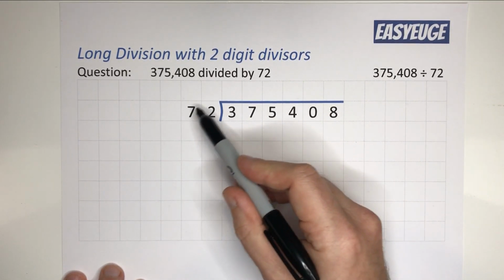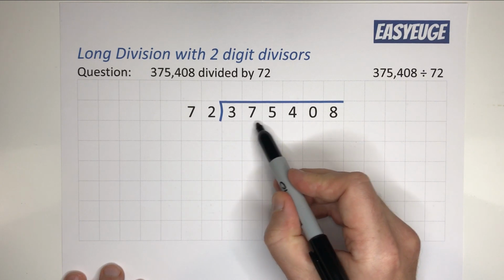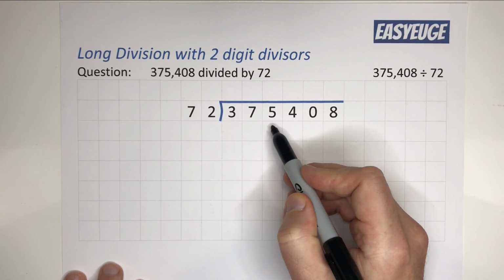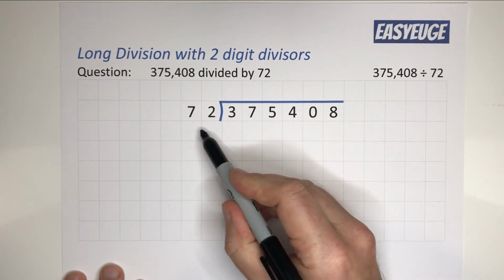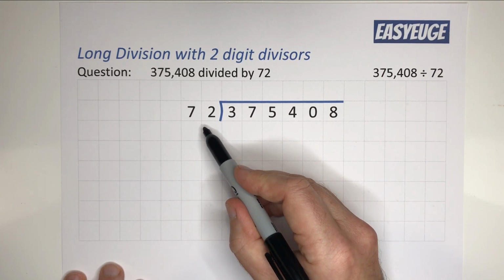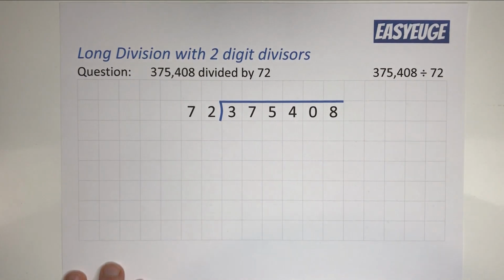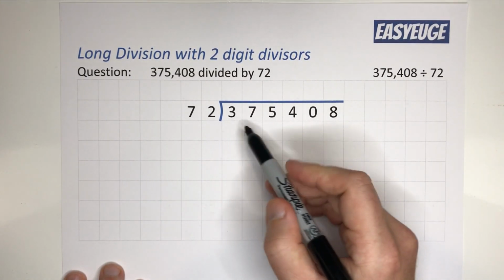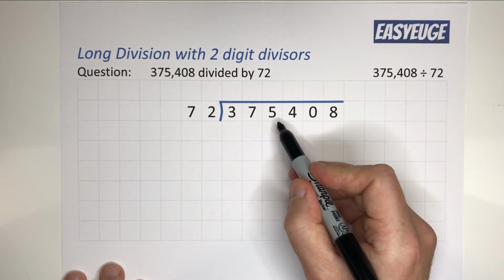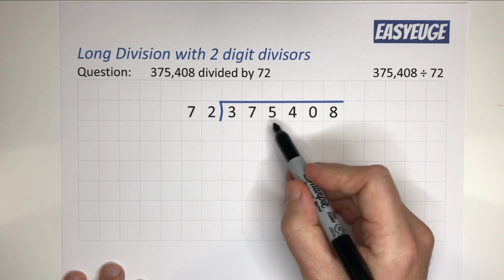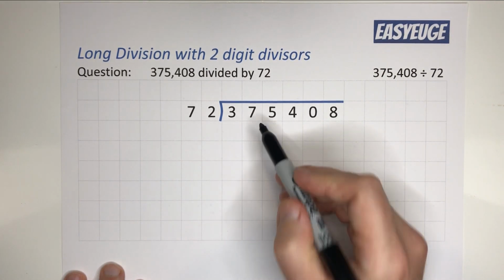So let's take a look at this 72. This is the number that we're trying to divide into this big number, 375. So if I made that 72 70, because it's quite close to 70, how many times would 70 fit into 375? Or how many times would a 7 fit into 37?